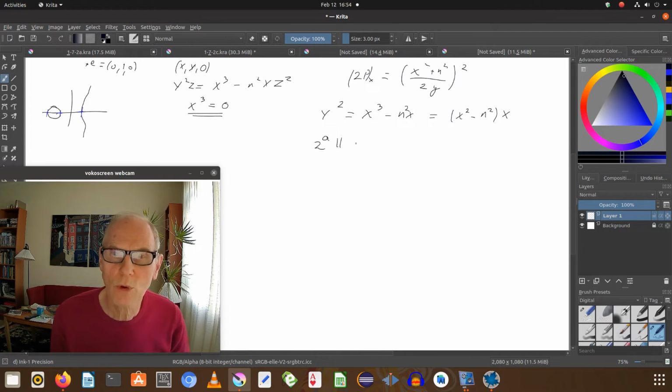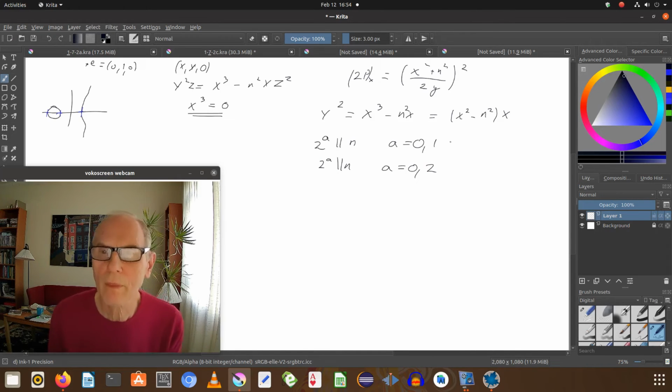The highest order of 2 dividing n is of order unity, so n squared, then a is of order 2. So x, let's say it has a factor of 2 to b.